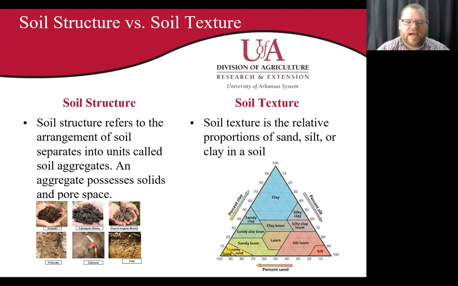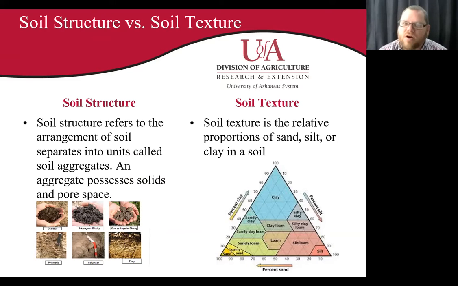One thing that we need to understand is the difference between soil structure and soil texture. Soil structure refers to the arrangement of the soil separates into its units called soil aggregates. An aggregate possesses solids and pore space.